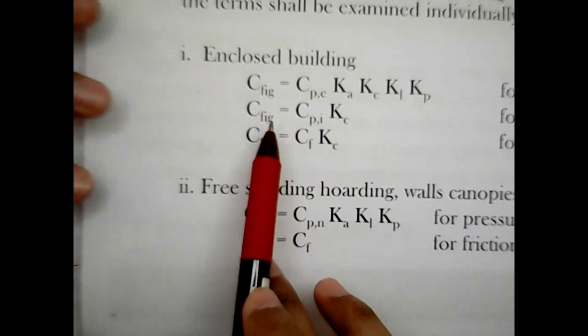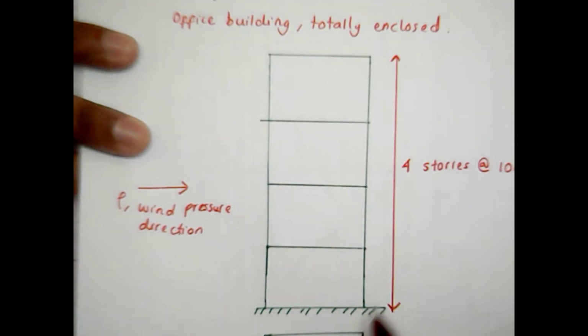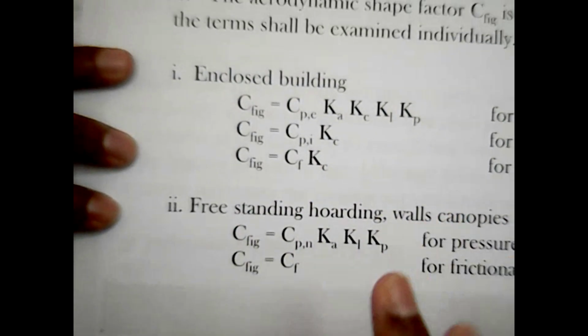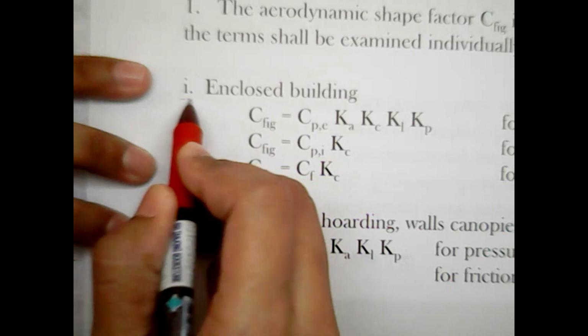In our example, we are dealing with a totally enclosed building, which is a building itself. Because of that, we have to refer to how to calculate the Cfig for category 1.